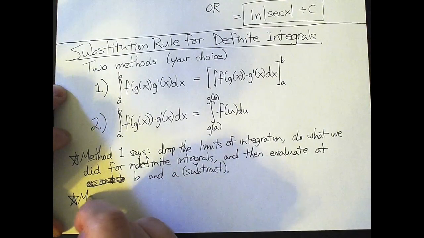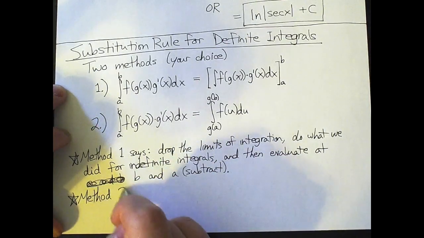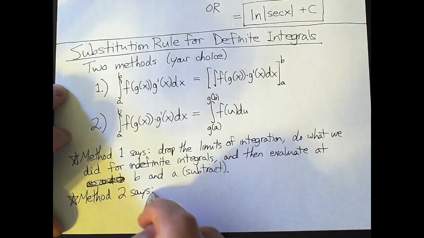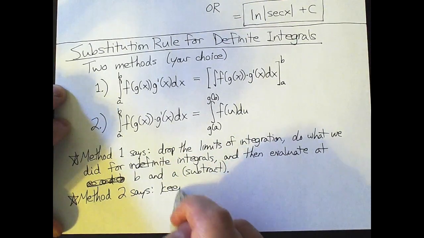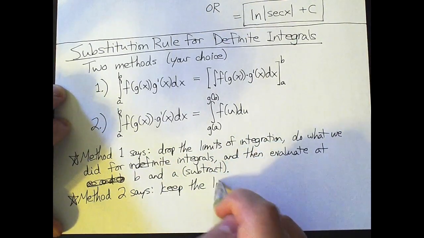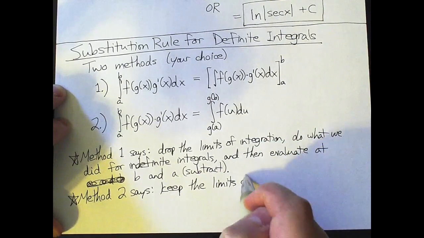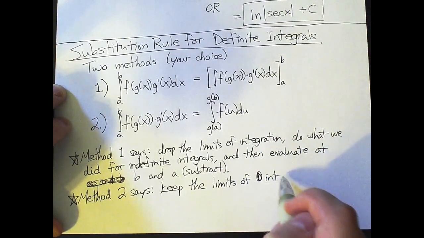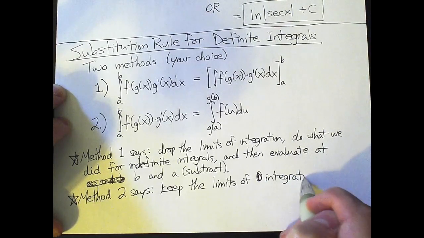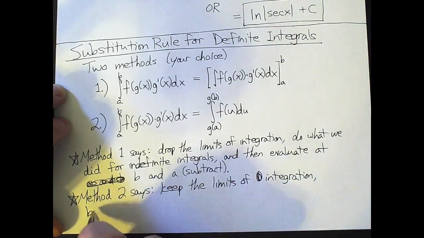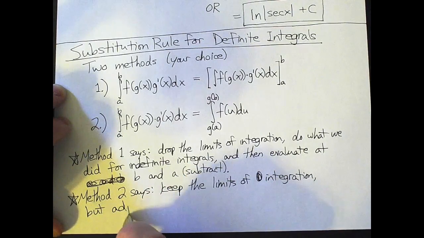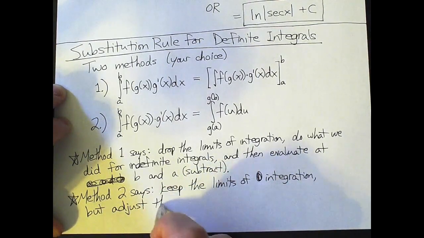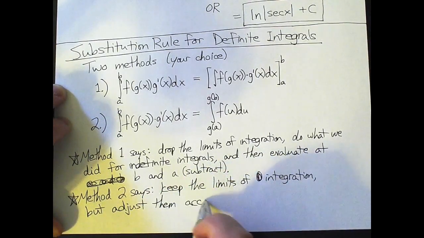Method 2 says keep the limits of integration, but adjust them accordingly.